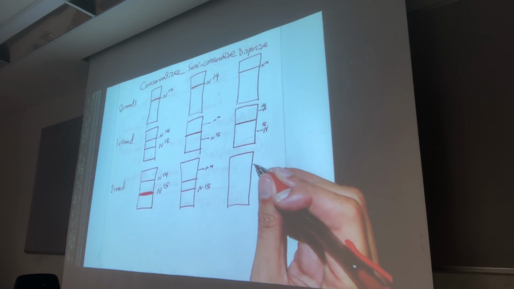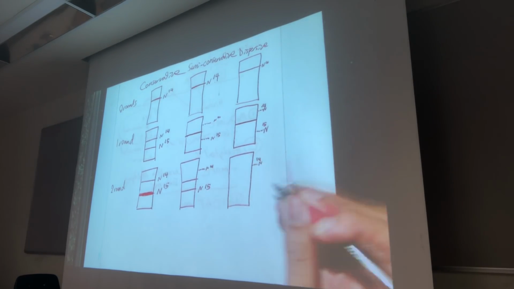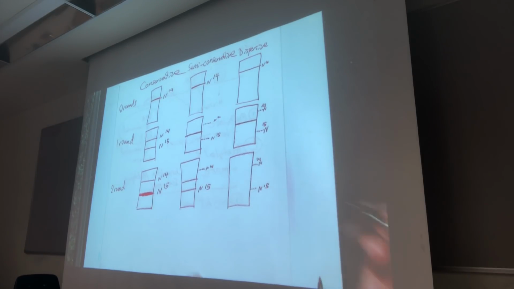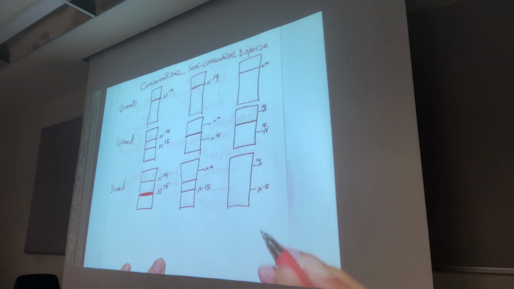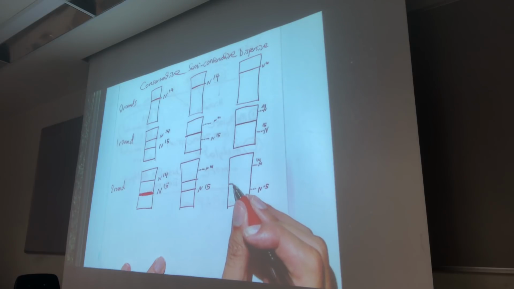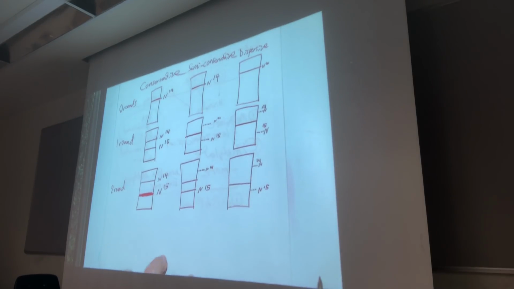What ends up happening, I'll draw it first and then we'll go back to the picture here, is that after a second round of replication, you will get only one band. It will just be a little bit closer to the N15 side. You will always only, with dispersive replication, get one band in your test tube.